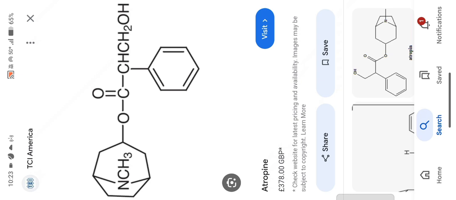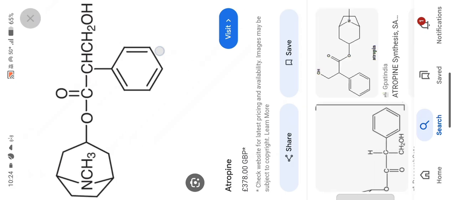We had this in our medicinal chemistry. Yes. CH2OH. I'm getting something here, some logic I'm getting.